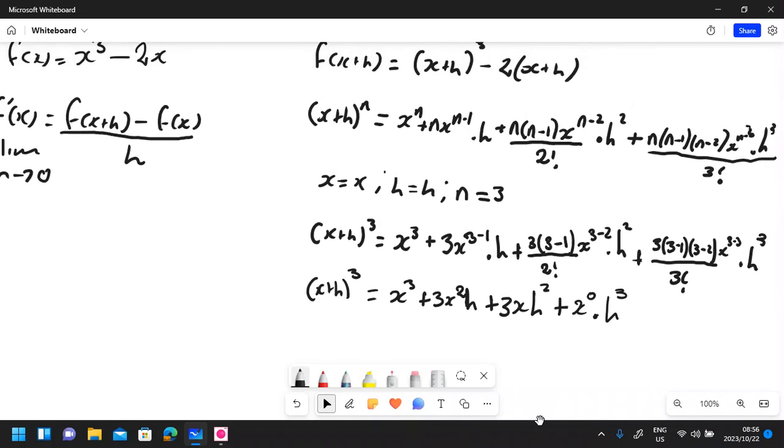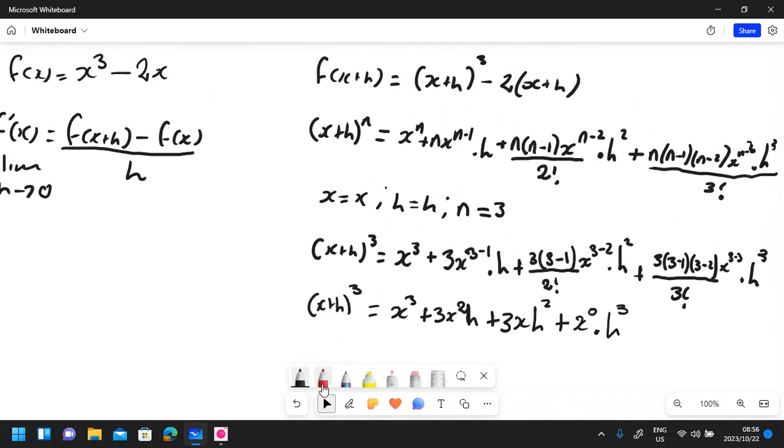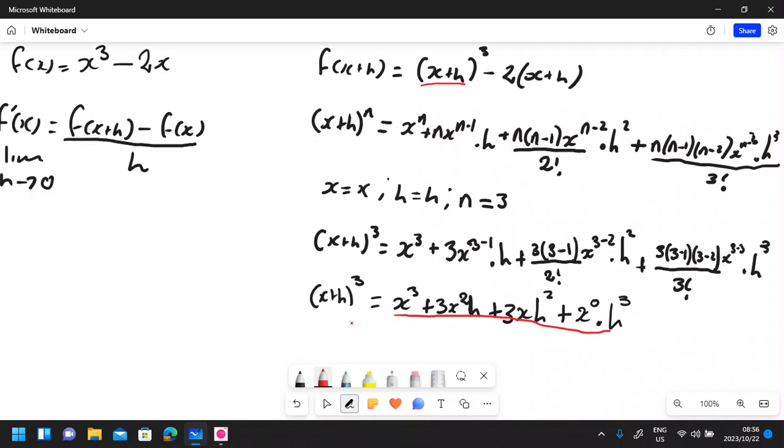Now remember guys, this part here is actually only the first part of our f of x plus h, so we need to do the other part. Let me create a bit more space here. If we write f of x plus h now in full, remember x plus h to the power of 3 is this whole expression.